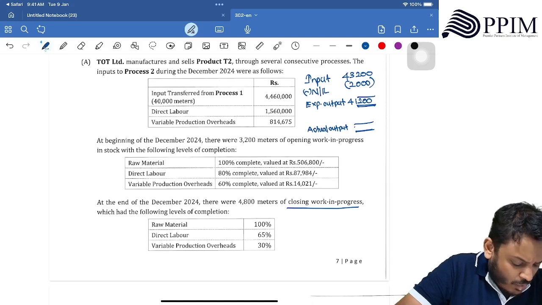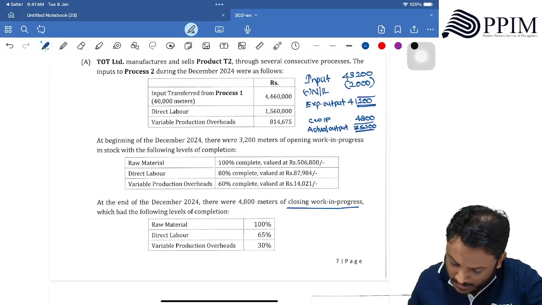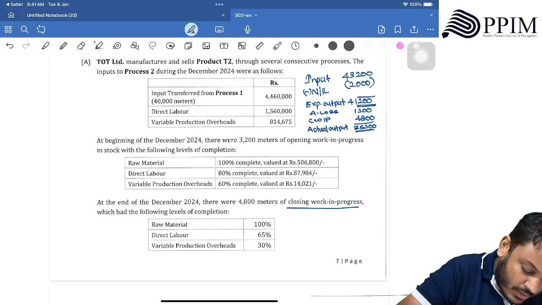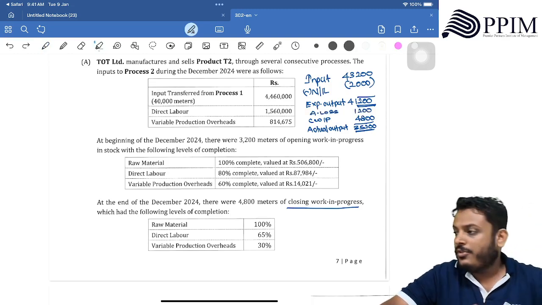But actual output is 35,200 plus closing work in progress, which they said is 4,800. So 41,200 minus 4,800 minus 35,200 equals 1,200. What is 1,200? Abnormal loss. So abnormal loss is 1,200.